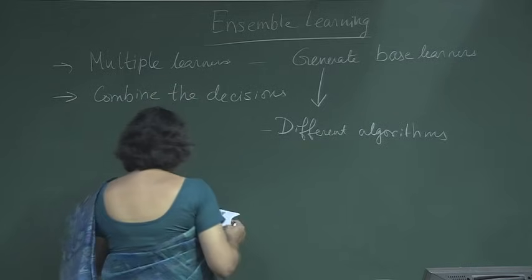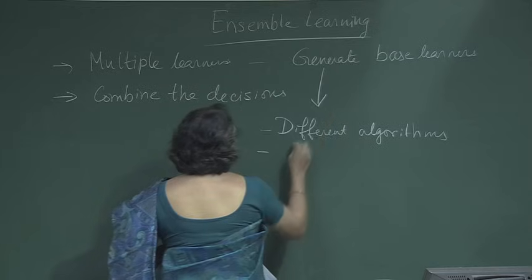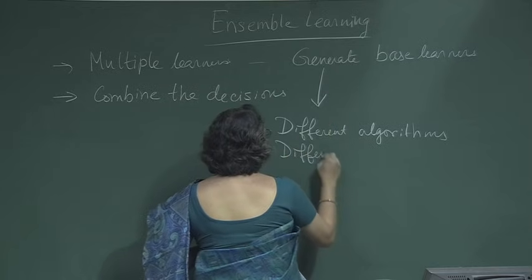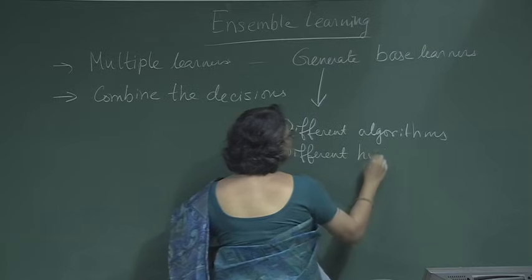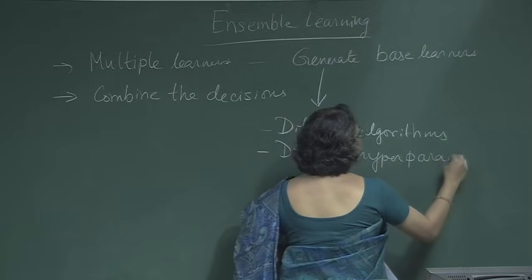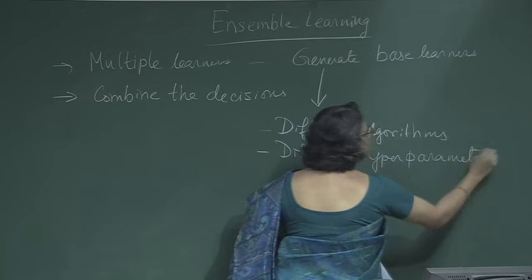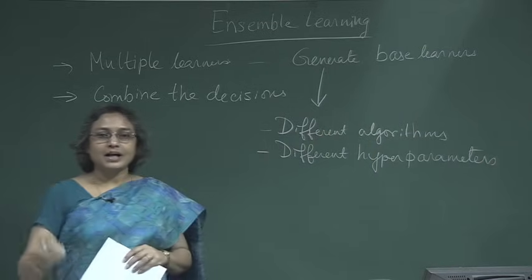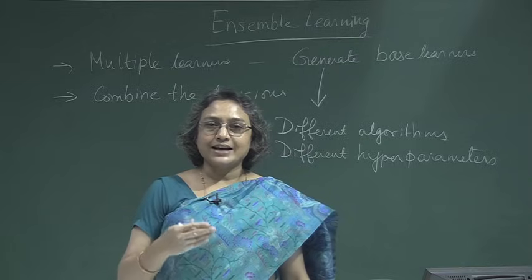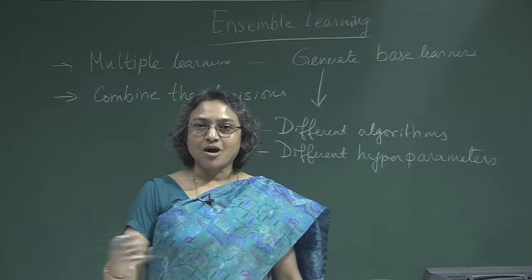How? The different learners may use different parameters or different hyperparameters. So, if you take the same learning algorithm, but give different values to the parameters, you get different models as output.